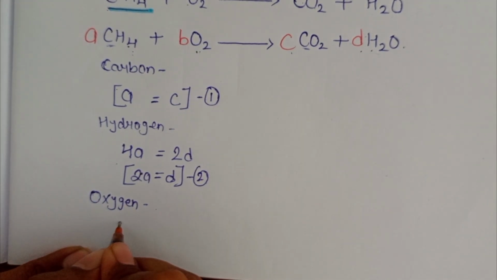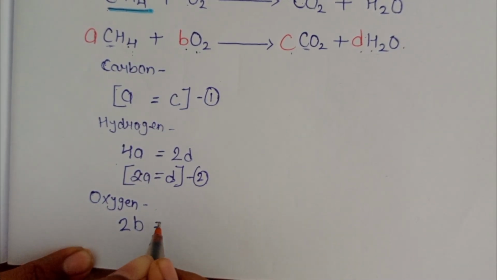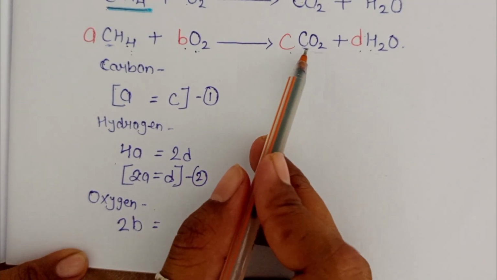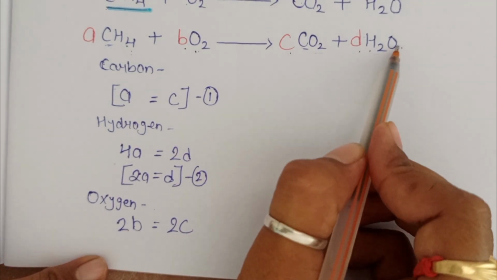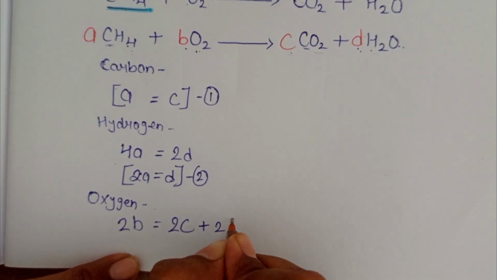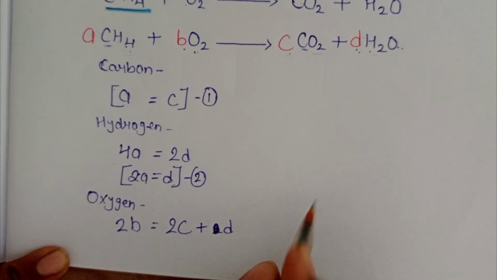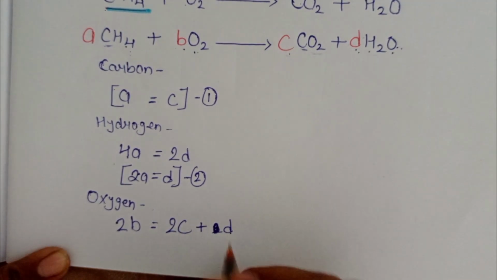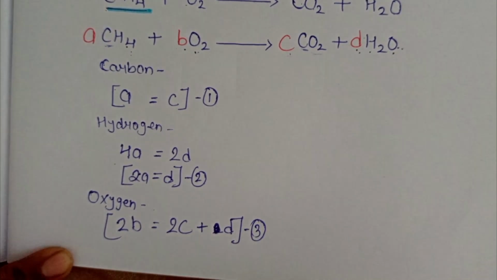So we will get 2 and the coefficient is B. So 2B is equals to, on the right hand side, means at the product side, we have 2 oxygen molecules with the coefficient C, means 2C, and the 1 oxygen molecule with the coefficient D. Okay, sorry, D, only D. There are no 2 oxygen molecules in H2O, so only D. It is our third equation.